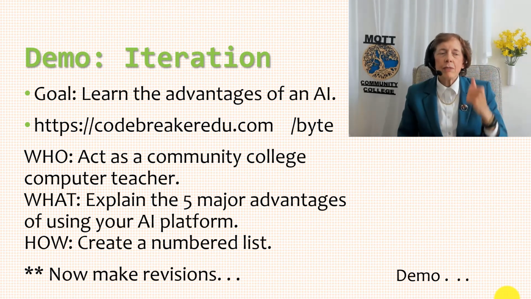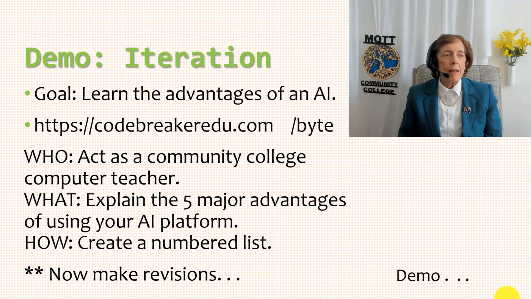You recall in the last video, we used Codebreaker and we asked it to act as a community college teacher and give us 5 major advantages of using an AI platform. That's where we were, and we got an answer. I'll review it for you, and then we're going to make a revision.